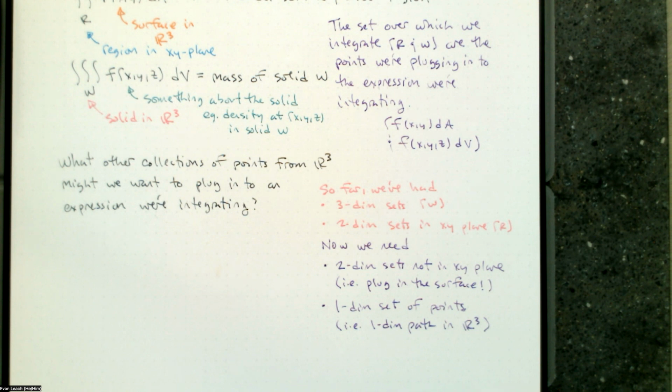At that point, we'll pretty much have things covered as far as plugging in continuous sets in R3. In R3, we can have three-dimensional solids. That is a collection of points. We can have two-dimensional surfaces as collections of points, or one-dimensional paths as collections of points.